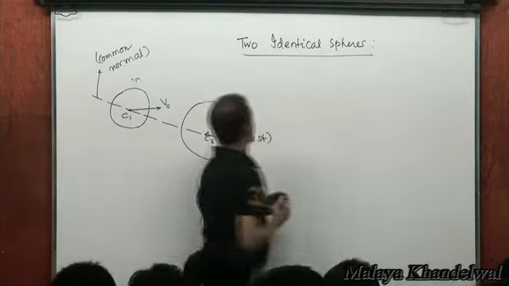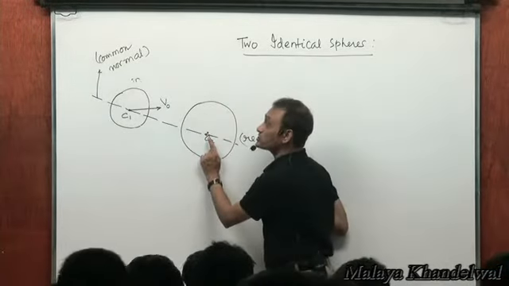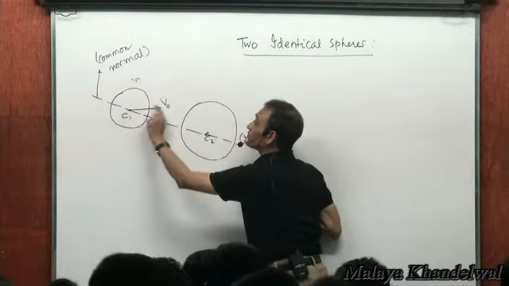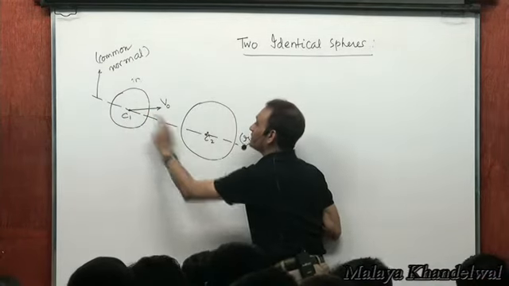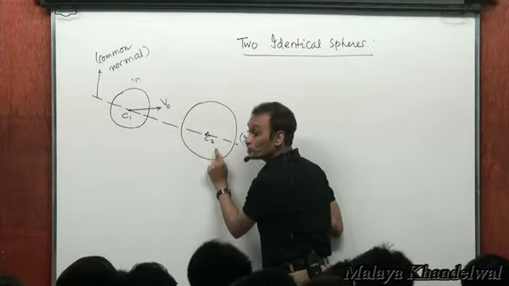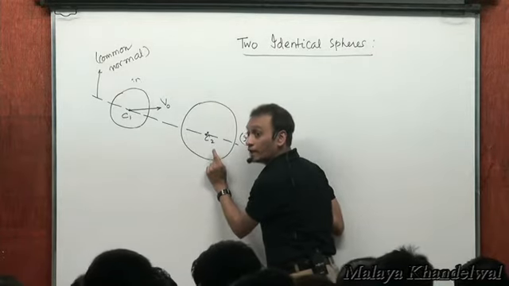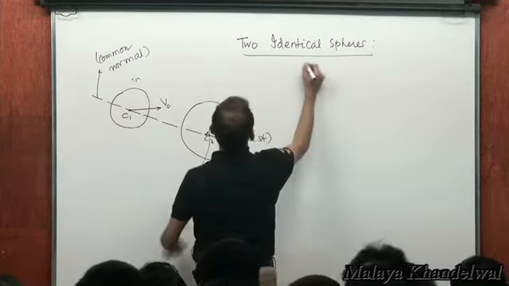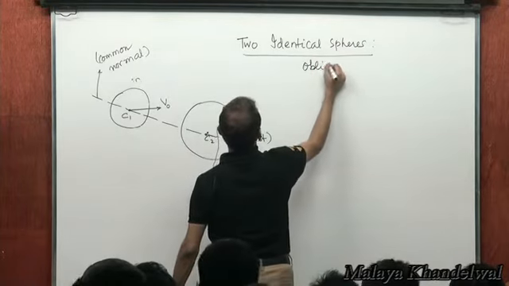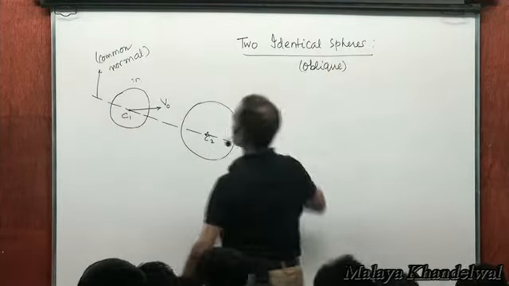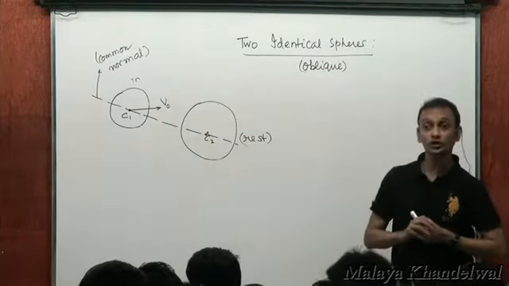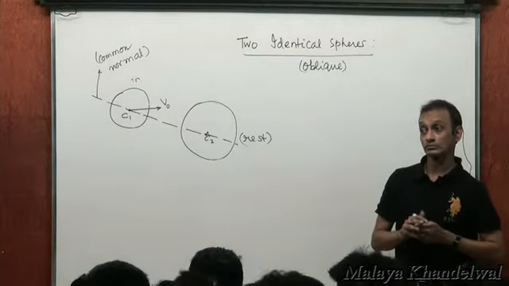So this is at rest, and this has a velocity v0 inclined with the line joining the two centers. Then what's the nature of the collision? Oblique collision. It's an oblique collision.